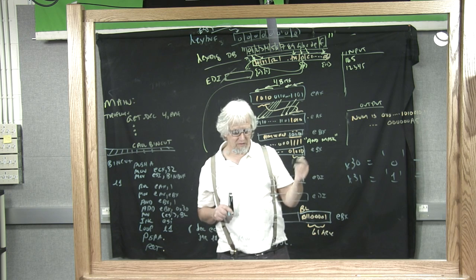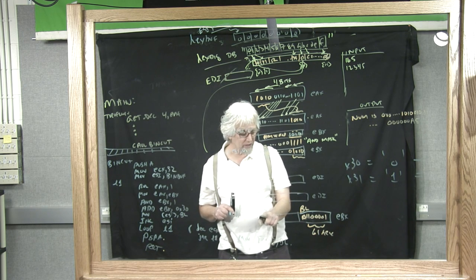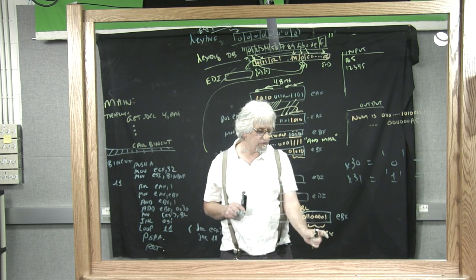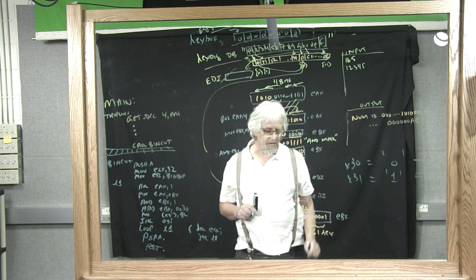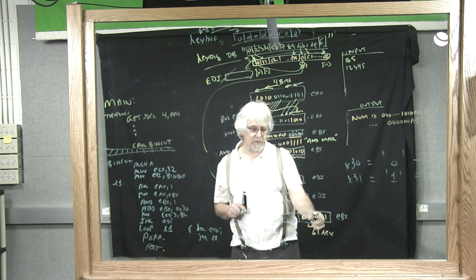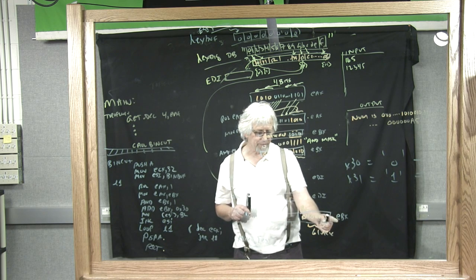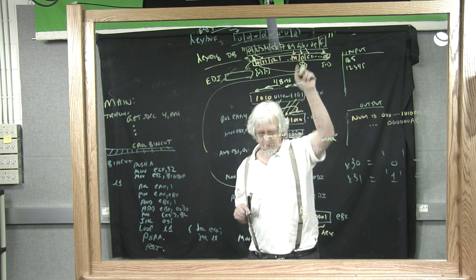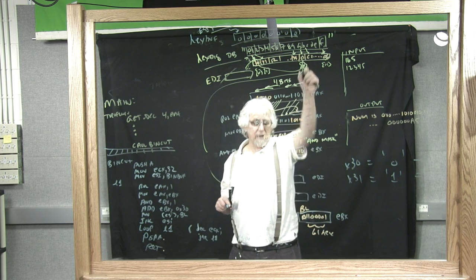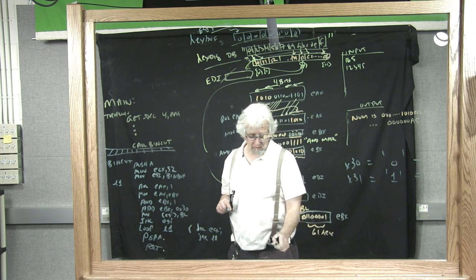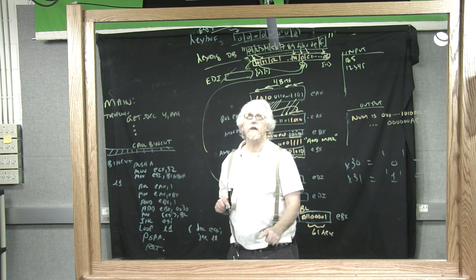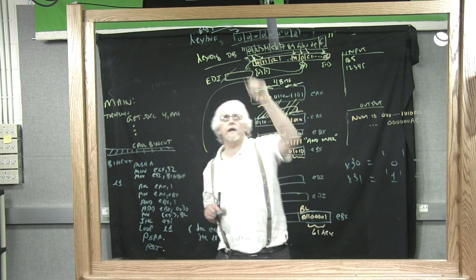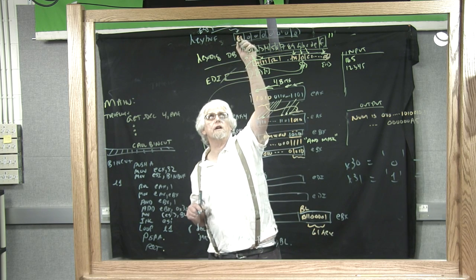How convenient. We can now load the letter A out of memory, 61 hex, there it is in binary, into the BL register, which is, remember, the low byte of the EBX register. We just go to that address which we've computed, load that A, stick it into BL, and then we can put BL into memory just like we did before, into the output buffer. So now we're going to get 61 here, which is letter A.